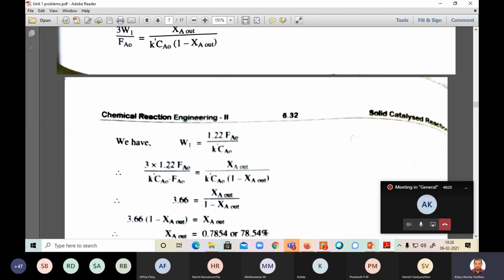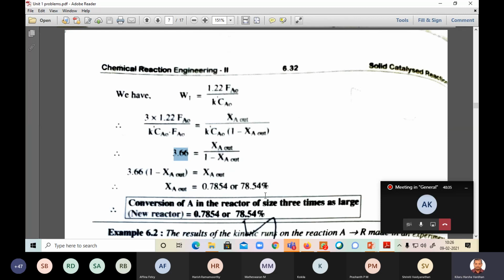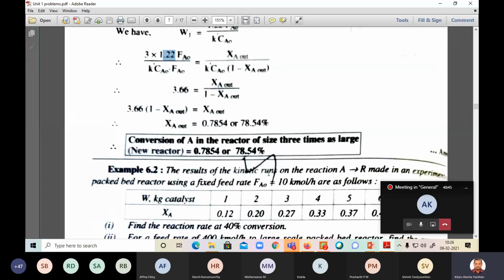So 1.22 divided by 2 gives 0.61. So if you substitute, how much will the conversion be? Instead of 3.66, it will be 0.61, I think, right? Here there is no 3, here divided by 2 will come, because half. The rest of the thing is going to be the same.